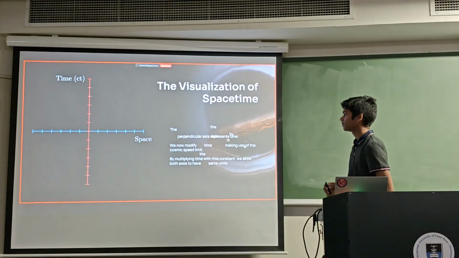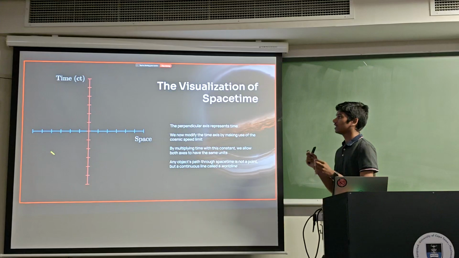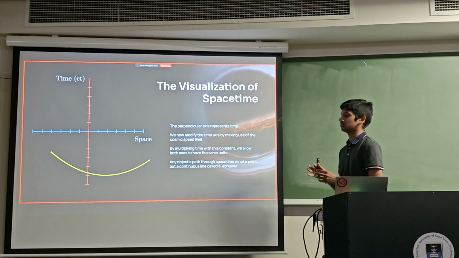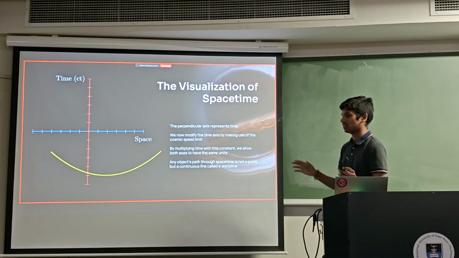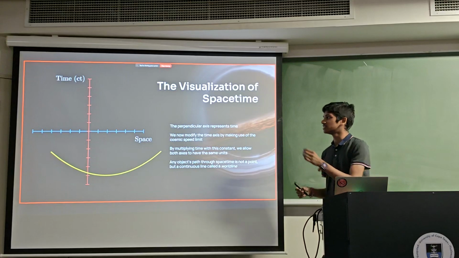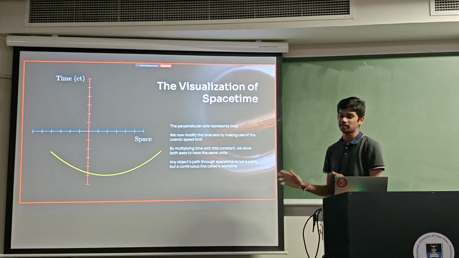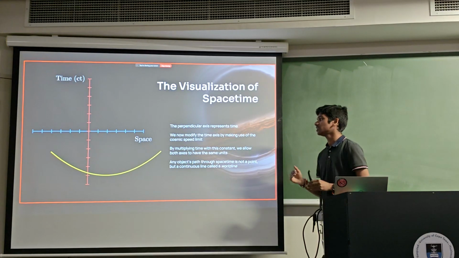What do I mean by that? Well, firstly, any path for any object in space-time, whether stationary or moving, is no longer a single point on this diagram. It's always going to be a continuous line.